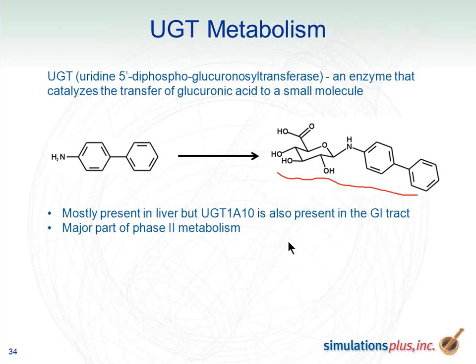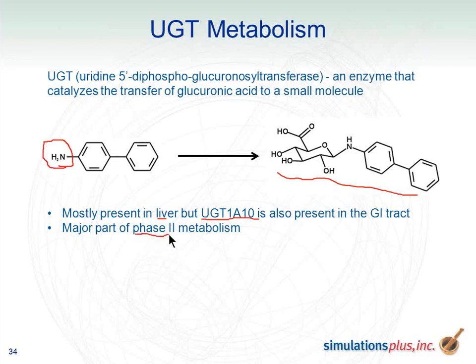Now, most of the UGTs are present in the liver, but as I showed on an earlier slide, UGT1A10 is also present in the GI tract.